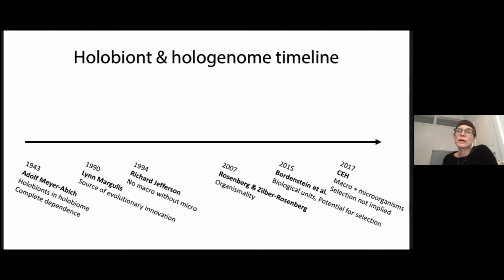His thinking was based on how microbes are essential to the hormones that hosts produce, and hormones are essential for reproduction and mate choice. In that sense, microbes are what's driving reproduction in hosts. So it doesn't really make sense to even talk about hosts, because they wouldn't be what they are without the microbes. The Rosenbergs a bit later also started talking a lot about holobionts and hologenomes.